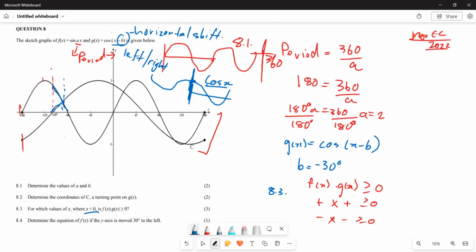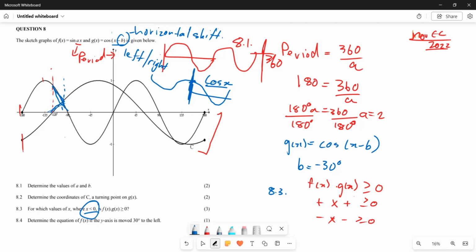Are we together? So which means basically, where the graph of x is going to be less than 0, it is going downward, while this one is going upward. Basically, that is that particular portion where both of these graphs are doing that.